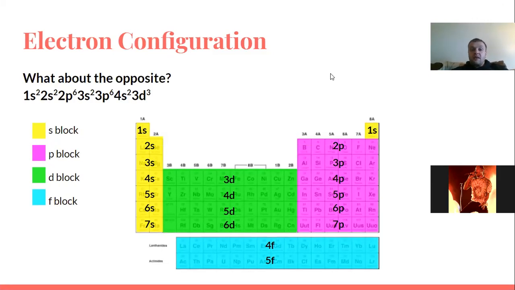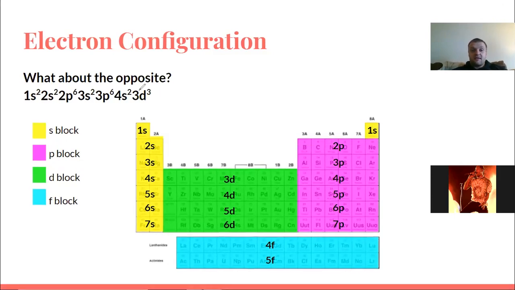The other way that we talked about yesterday was how to figure this out based on what the ending is. We talked about the idea that the D orbital is 1 behind, so it's always 1 minus. As an example, if you're in the 4th row, you're 3D. 5th row, 4D. 6th row, 5D.